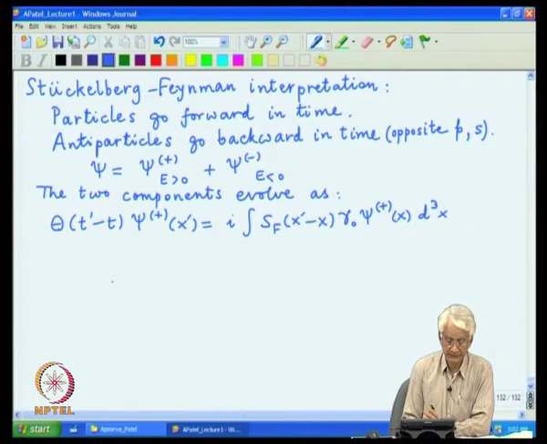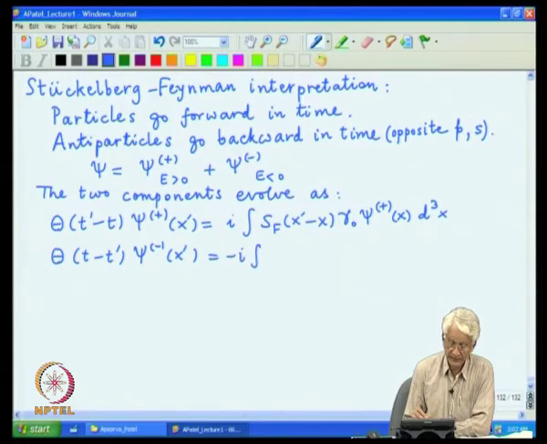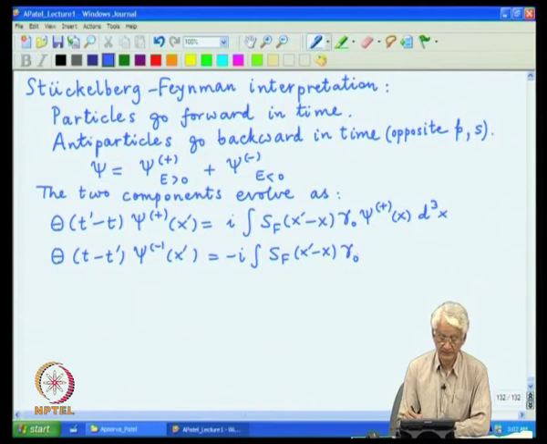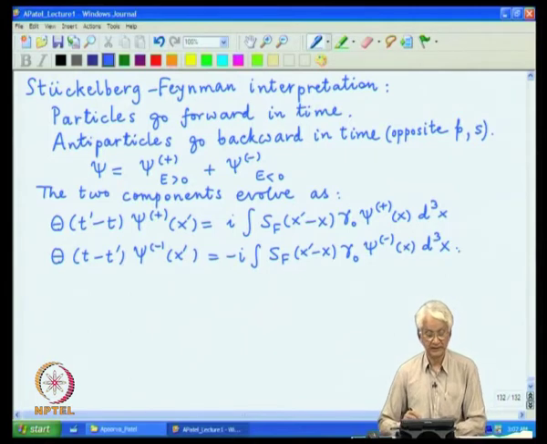So, this is what happens to the positive energy part, and the negative energy part has a similar formula. It now has a step function with opposite sign, and now one can write a minus i, because I am going to reinsert this gamma 0 again, and gamma 0 for negative energy gives a minus sign which is put in front of this equation with a minus i, and one has the analogous evolution of the negative part.